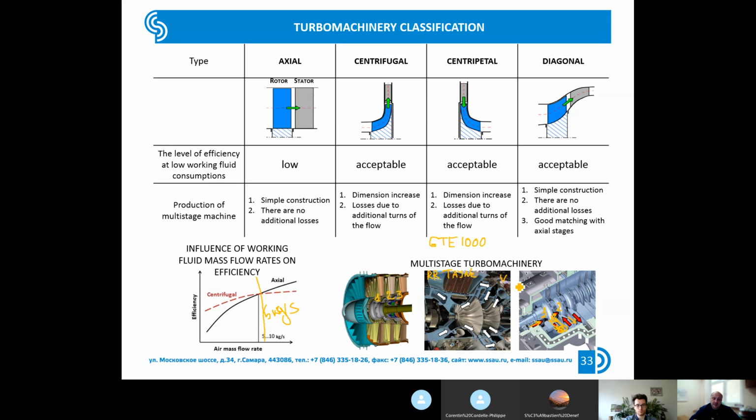And of course, at this moment, I need to ask you, what type of turbomachinery stage will be better? What type of turbomachinery stage do we need to use in some machines?